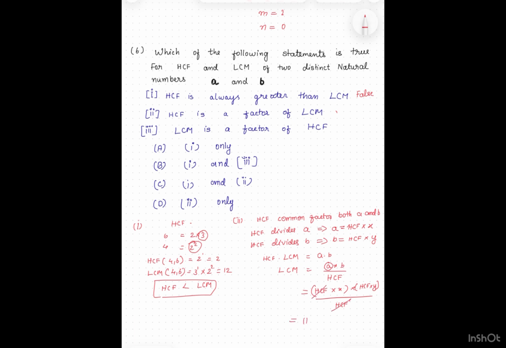HCF can be cancelled, so we get HCF into x into y. So from this we can say that HCF is a factor of LCM. So the statement is true.